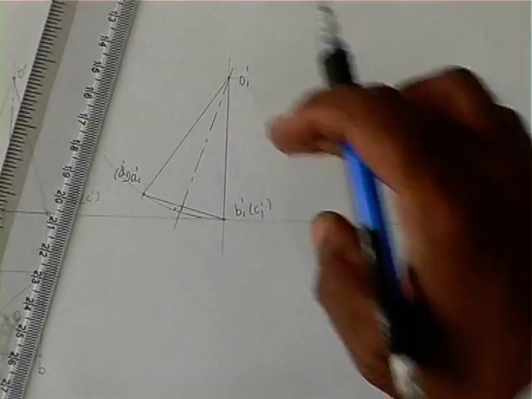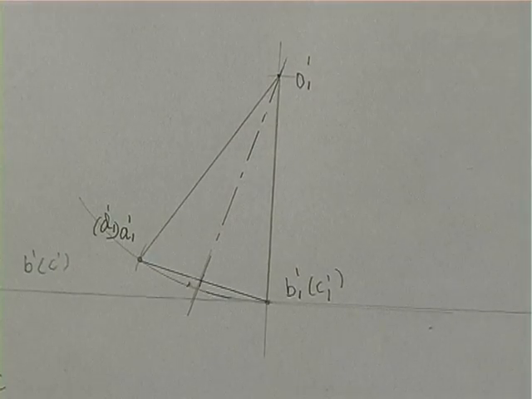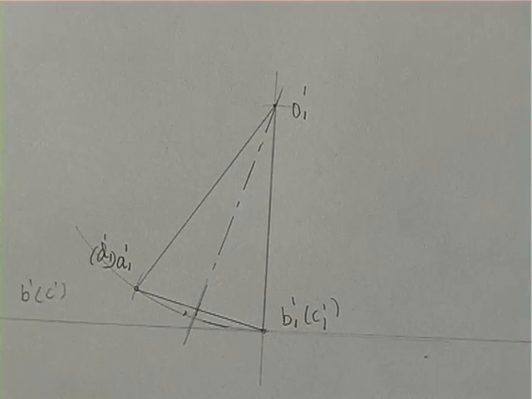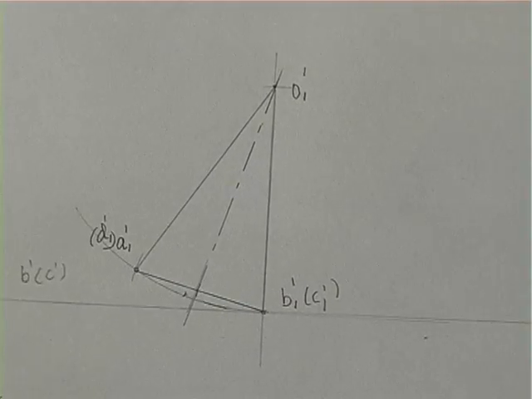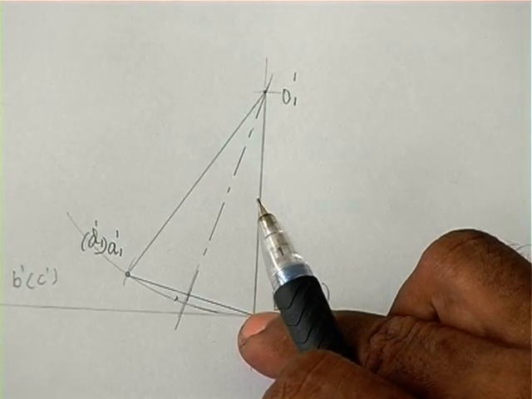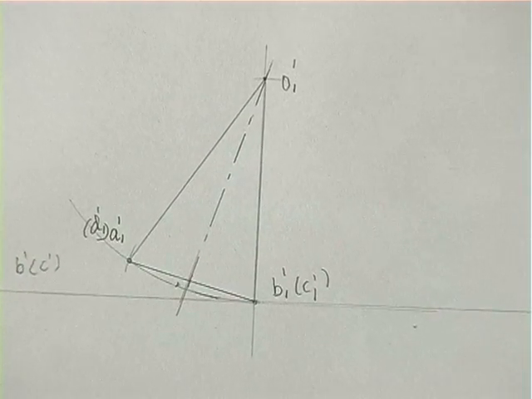So this is the final front view for a square pyramid with one of its triangular faces vertical, and it is resting on the HP as well. So it is resting on the HP with one of its base sides, BC, on HP.